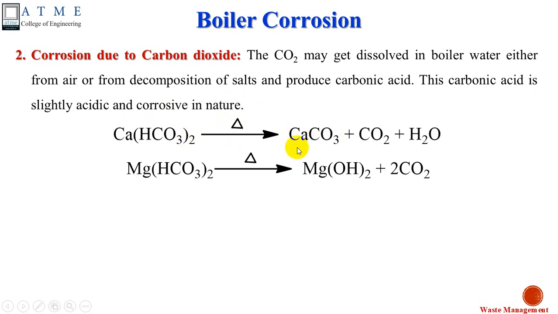Calcium bicarbonate is converted into calcium carbonate with liberation of carbon dioxide and water. Similarly, magnesium bicarbonate also decomposes to form magnesium hydroxide plus carbon dioxide.